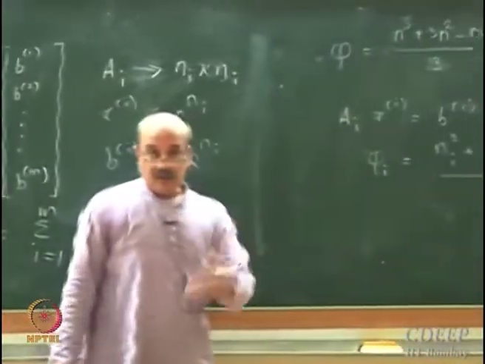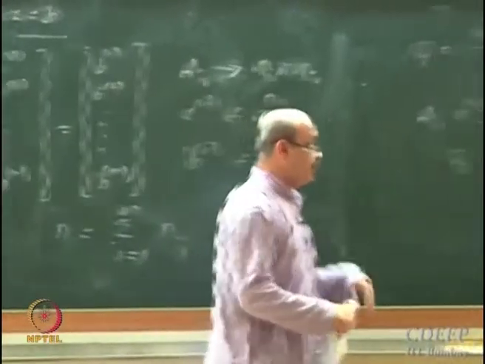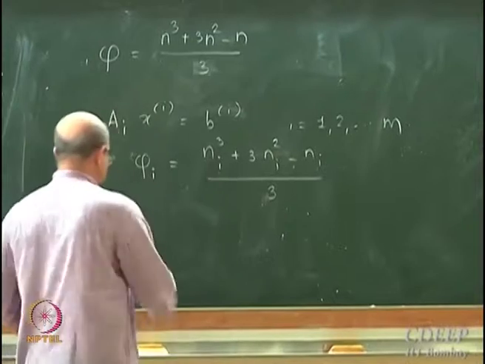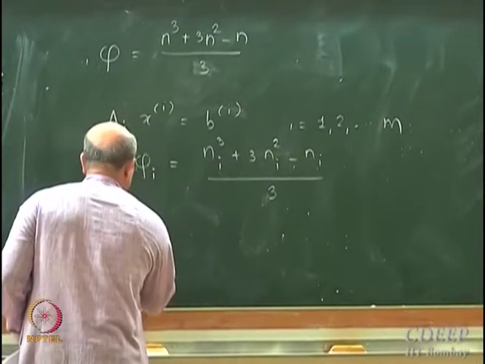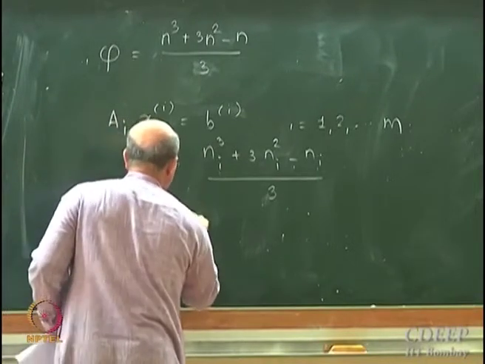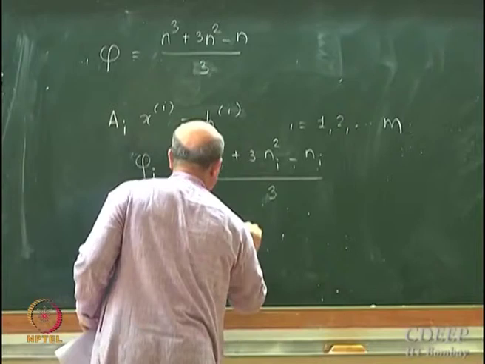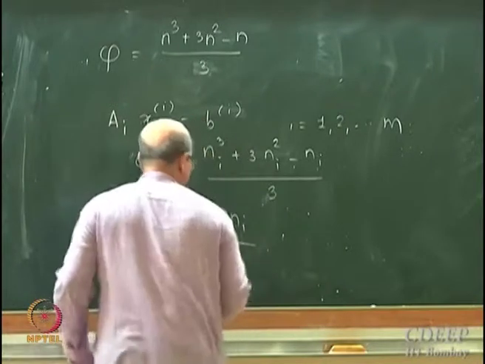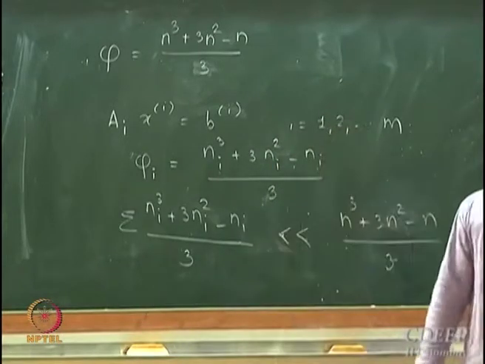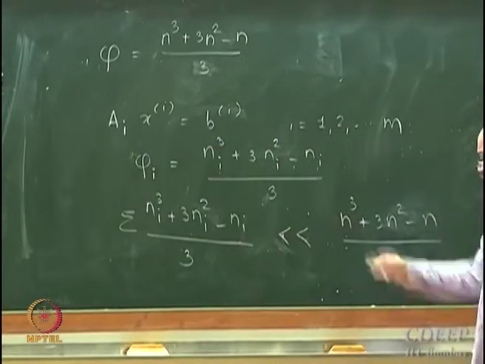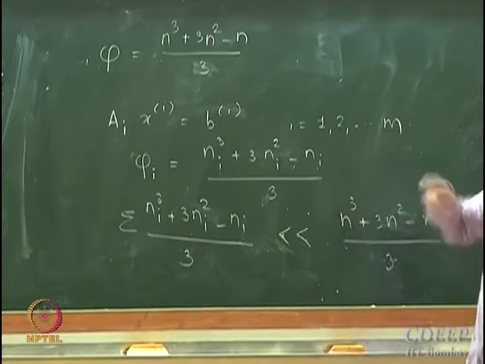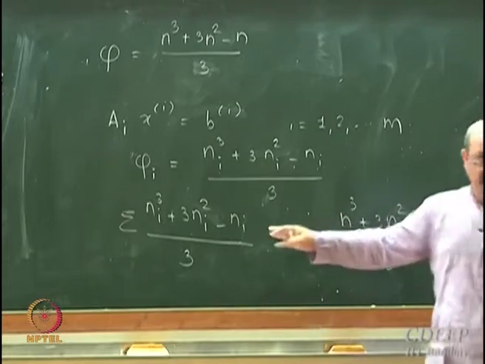So instead of using Gaussian elimination on the entire one, if I solve each subsystem separately, then the total number, sigma of (ni cube plus 3 ni square minus ni) by 3, is far less than this, because N is the summation of ni, and N cube will have many more terms.